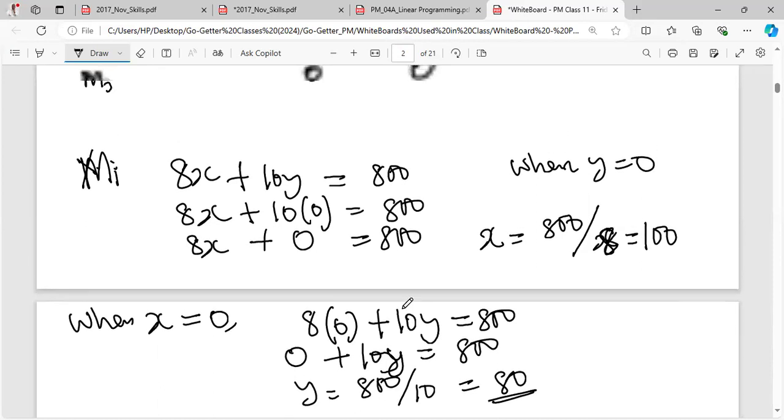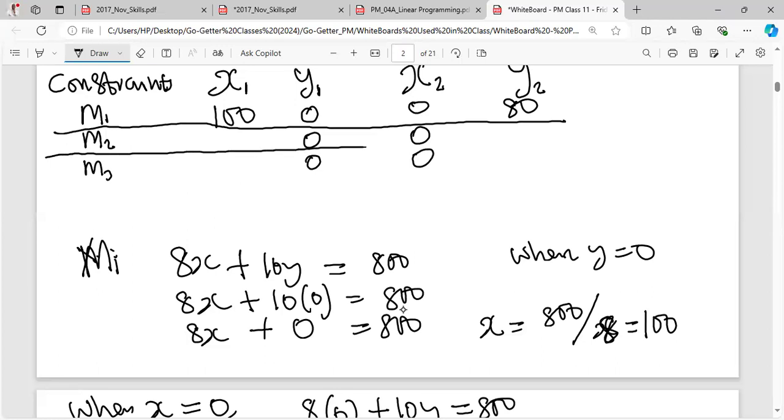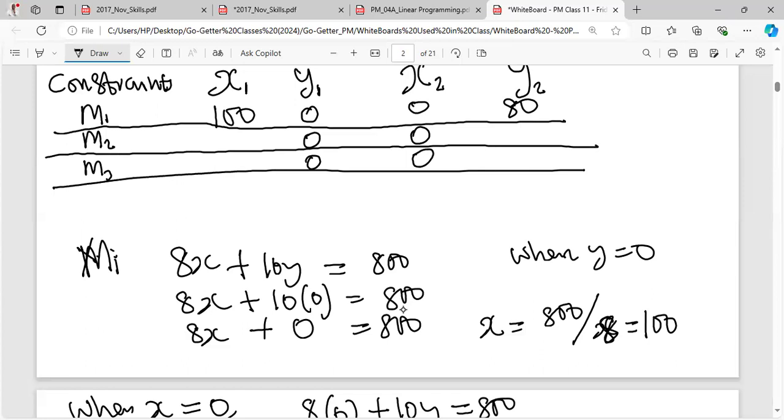So when x is 0, y is 80. So you have done one line. You've plotted one. So we'll do the next one and the last one. So let's plot it.